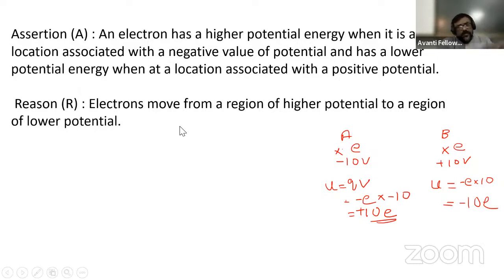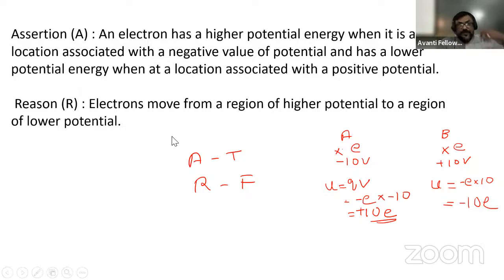In this case, we can directly say our assertion is true, but our reason is false. So we can go for the choice where assertion is true and reason is false. So our answer is assertion is true, and reason is false.